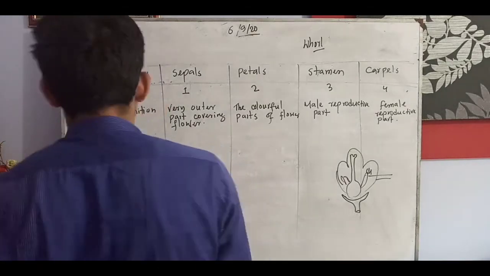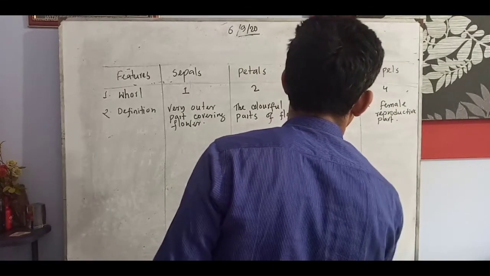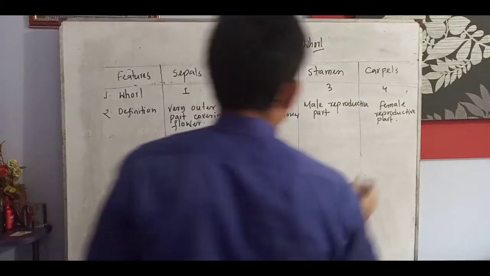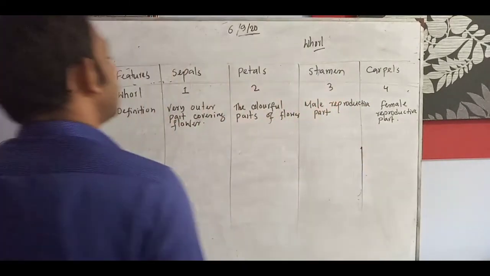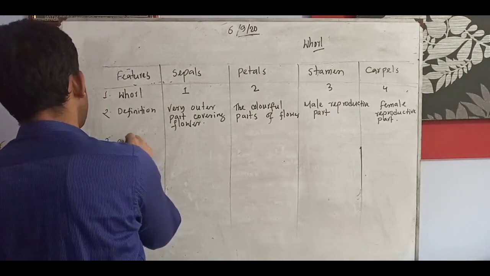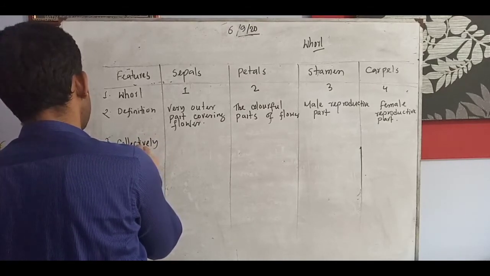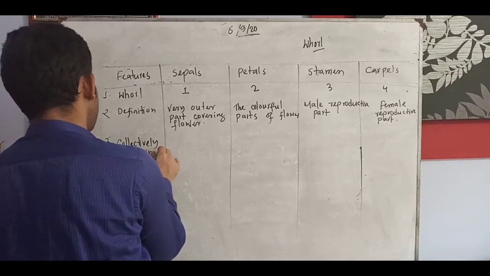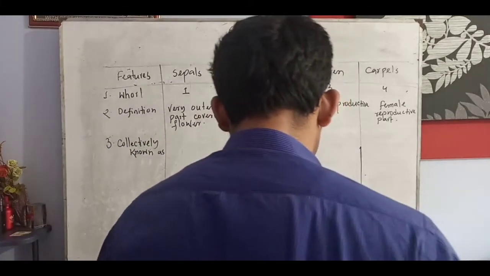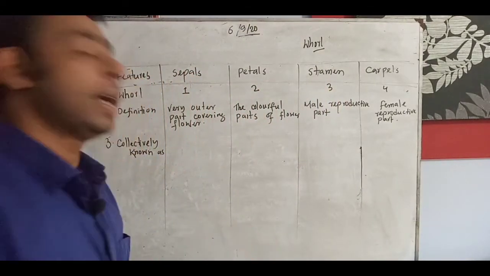Now we will go to another feature. Yes, then number third, collectively known as. Yes, we will try to understand that one. Collectively known as, what is it actually known as?